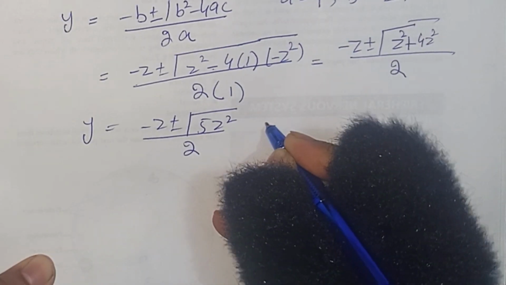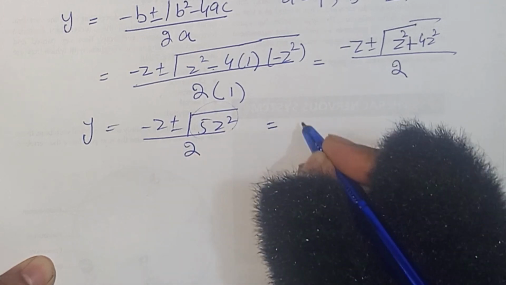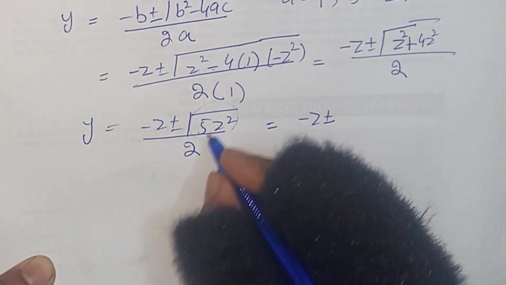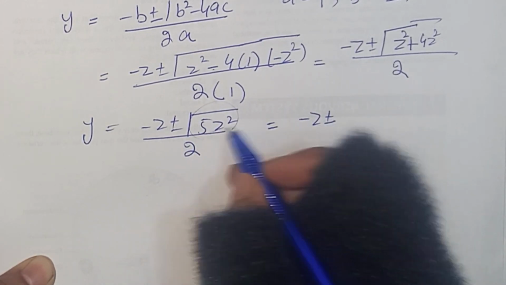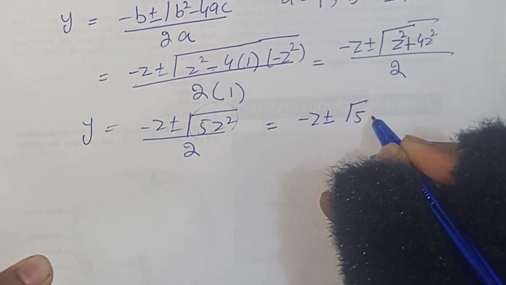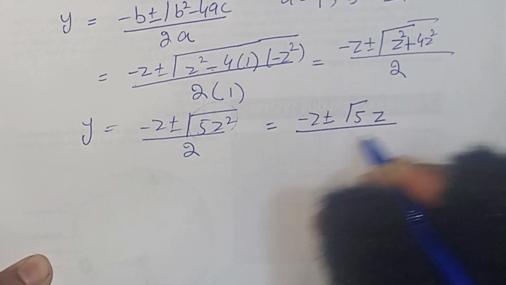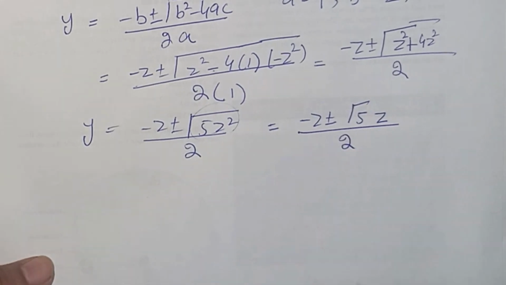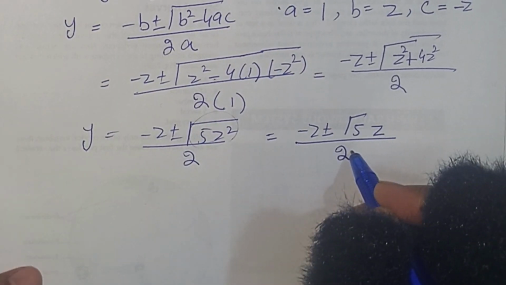Again we simplify this term. So this is minus z plus minus the square root of 5z square, which we write as square root 5 times z, divided by 2. So this is the value of y.